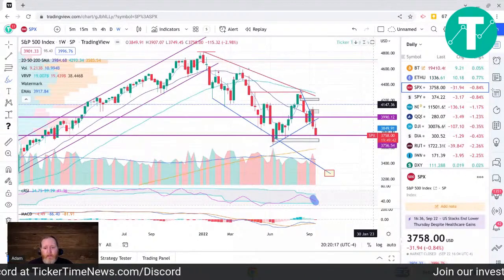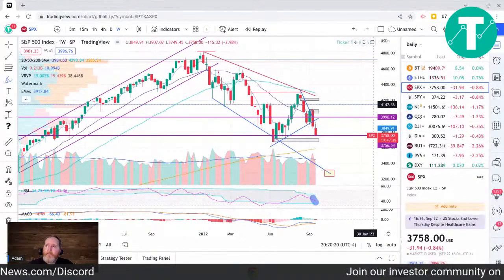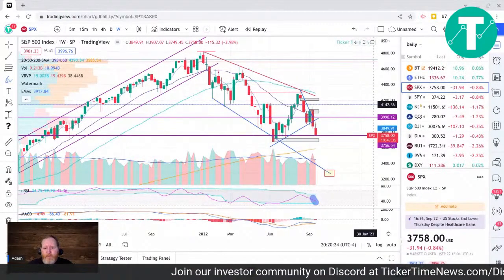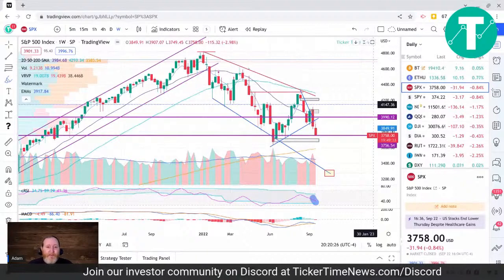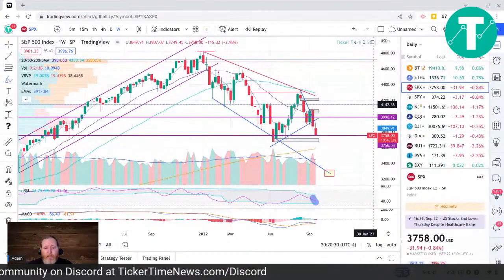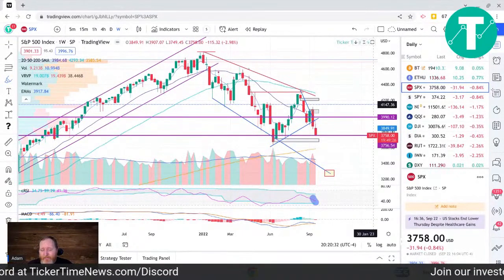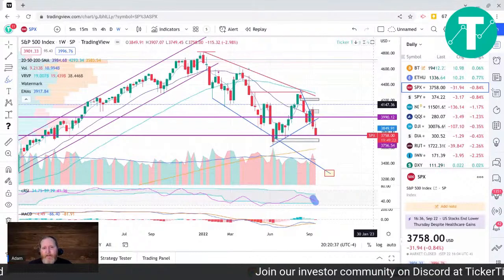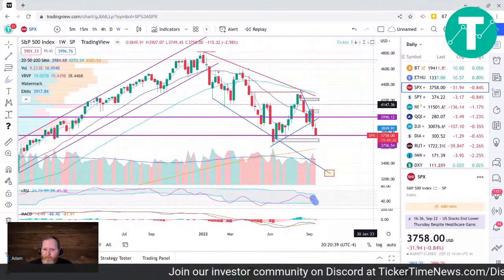I can't say that about Tuesday, but Wednesday, Thursday, I can. Maybe we end up with a red day tomorrow. It would not surprise me. It would surprise me if we close outside of the weekly expected move.